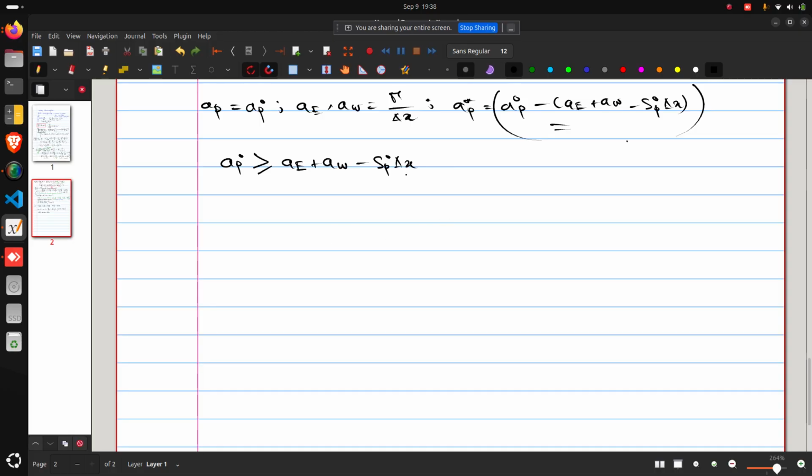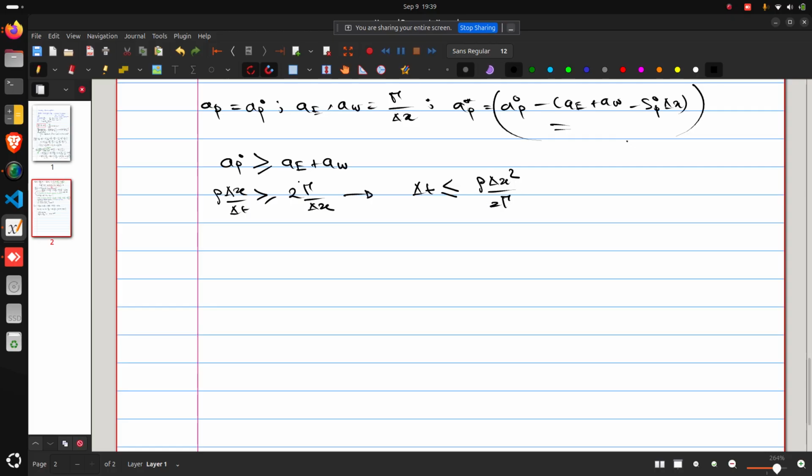So let's see in the limit of zero source what we have. We assume there is no source. So AP naught is nothing but rho times delta x by delta t, greater than or equal to 2 times gamma by delta x, right? Now if we see this condition, delta t should always be less than or equal to rho times delta x square by 2 gamma.